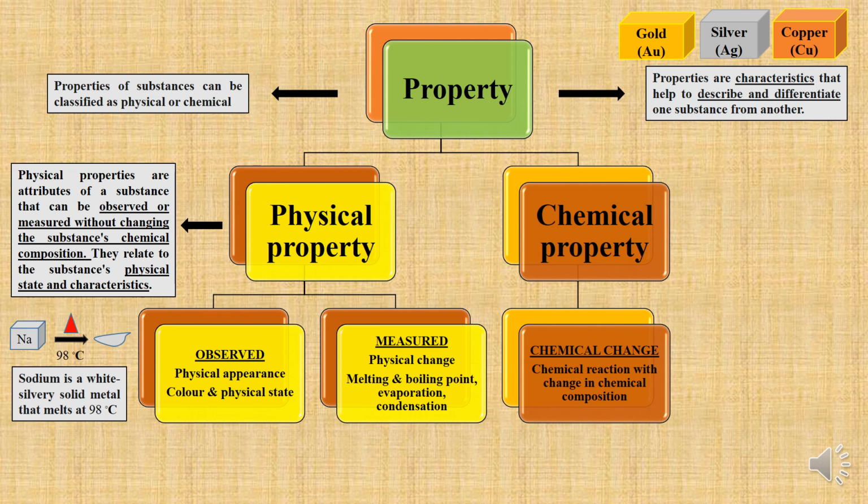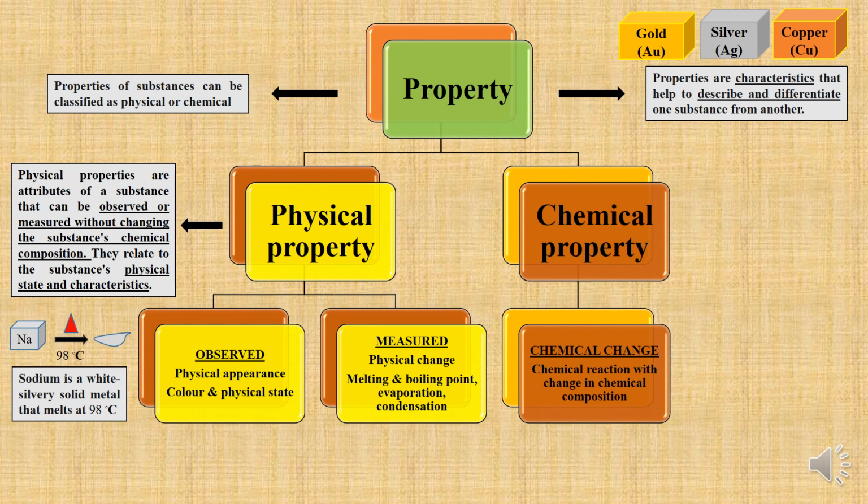When sodium is heated at 98 degrees Celsius, it undergoes transformation from the solid state to the liquid state, and that is the physical change it undergoes when subjected to heating at a particular temperature. So the physical property of sodium can not only be observed, but also measured.